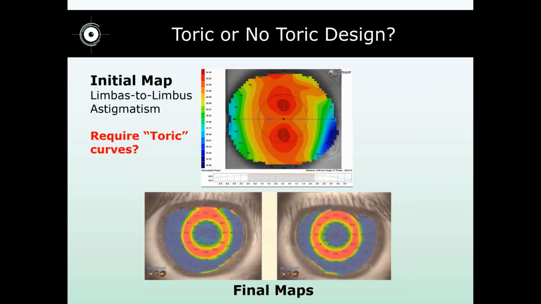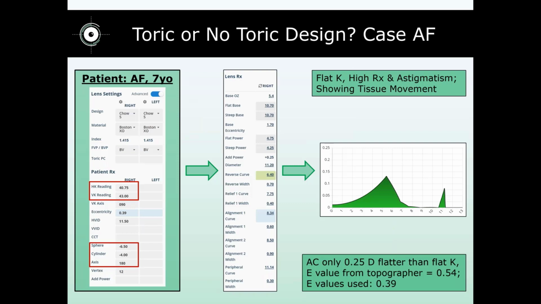So now I want to talk about this patient, limbus to limbus astigmatism. So do we need a toric curve? Most of the doctors will say, why not? Definitely, 100%. But looking at this patient, a 7-year-old Asian boy, the flat K is 40.75.